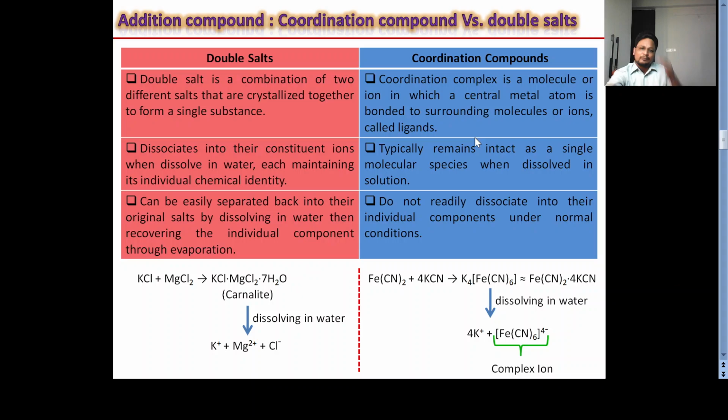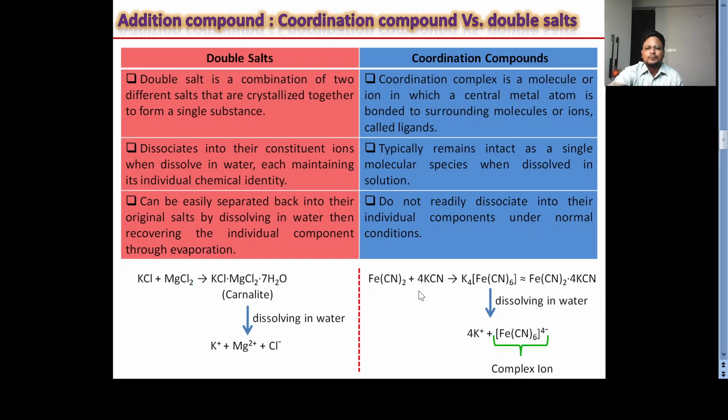Whereas coordination compound is a molecule or ion in which a certain metal atom is bound to surrounding molecules or ions called ligand. Typically, these compounds remain intact when dissolved in water. We can see the example here.